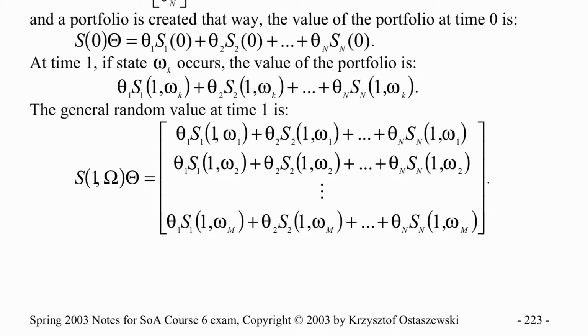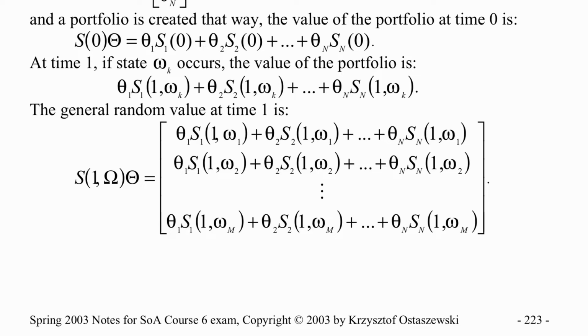So the general random value at time 1 looks like this: there are big M states of the world, and in each of those states we have this kind of linear combination which represents the value of the portfolio, just like the one we just described. So for example, in state omega 1, the value of the portfolio is theta 1 S1 of 1 omega 1 plus theta 2 S2 of 1 omega 1.